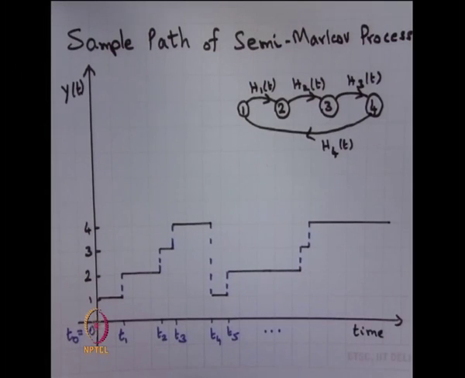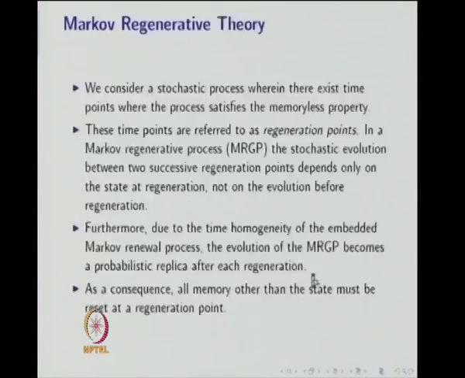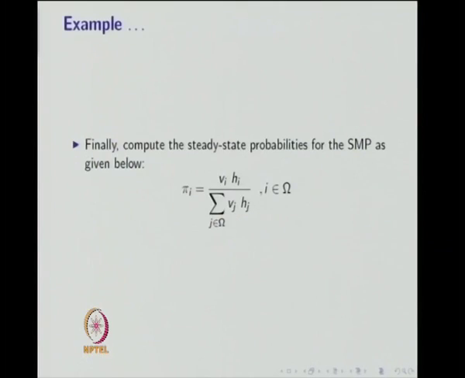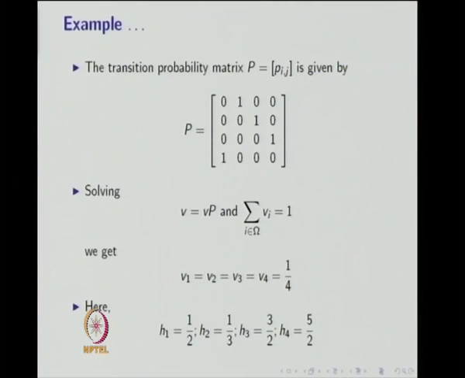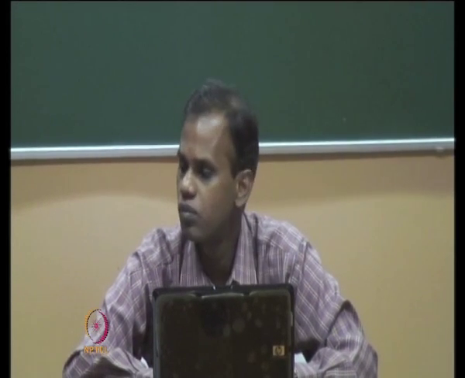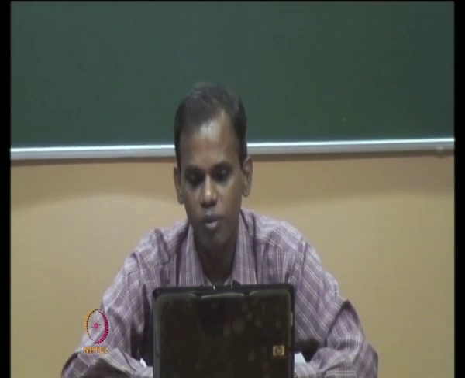So, using the steady state probabilities of the embedded Markov chain and the mean sojourn times, you can get the steady state probabilities of the semi Markov process.